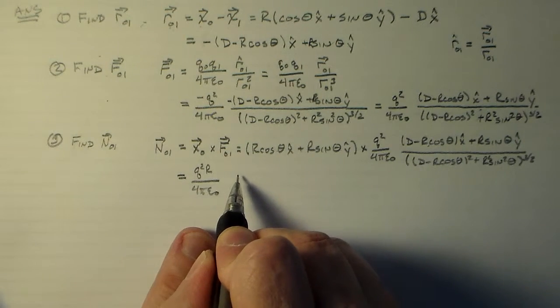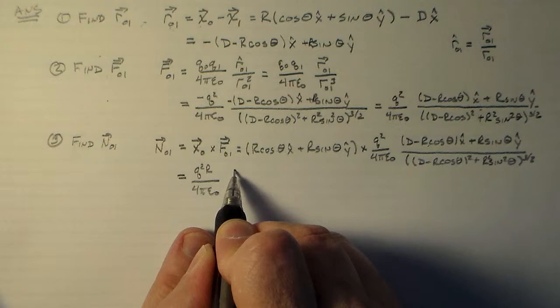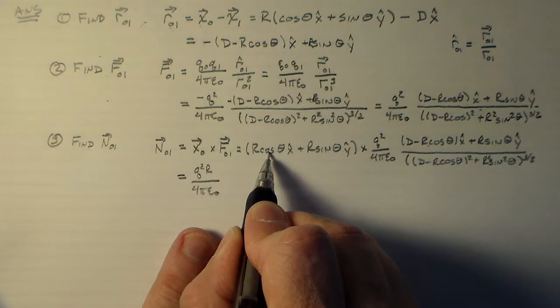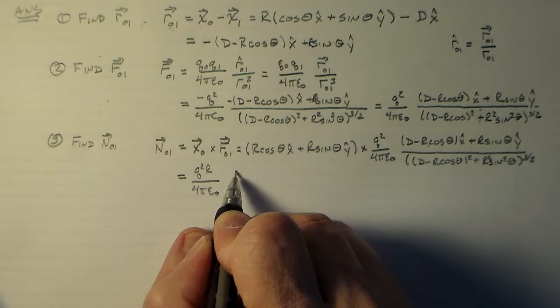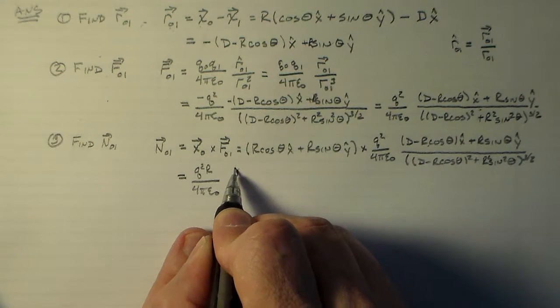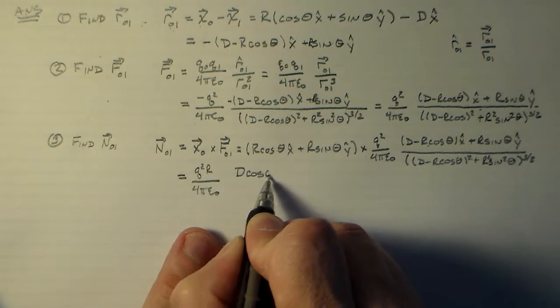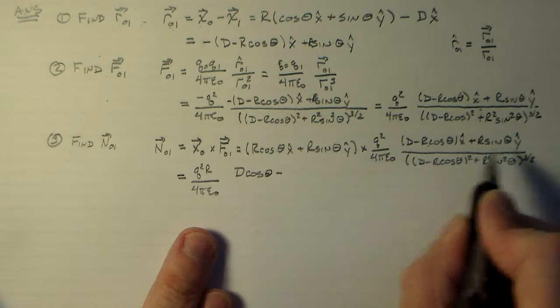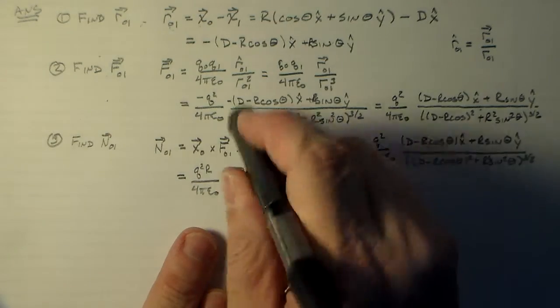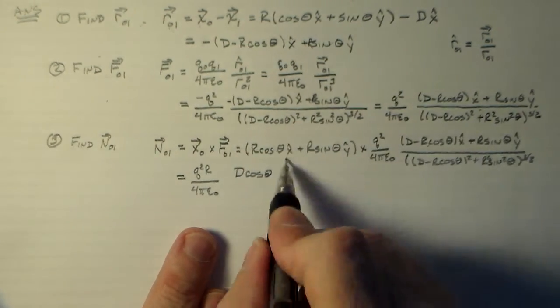So x cross y is cosine theta times d minus r cosine theta. So we have d cosine theta times sine theta, excuse me, x to y, right?